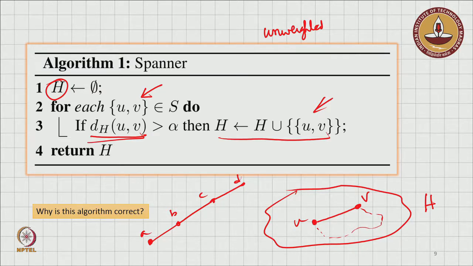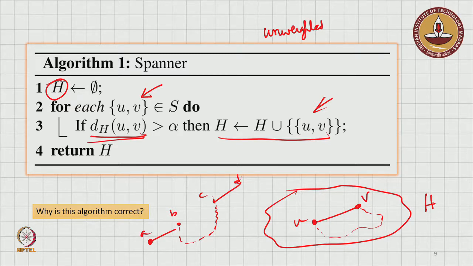Now in the spanner you may not have added all of these edges. So let's say you have A, B, but you did not include BC. Okay, but why would we not have included BC? Only because there was some other path from B to C that was of distance at most alpha.